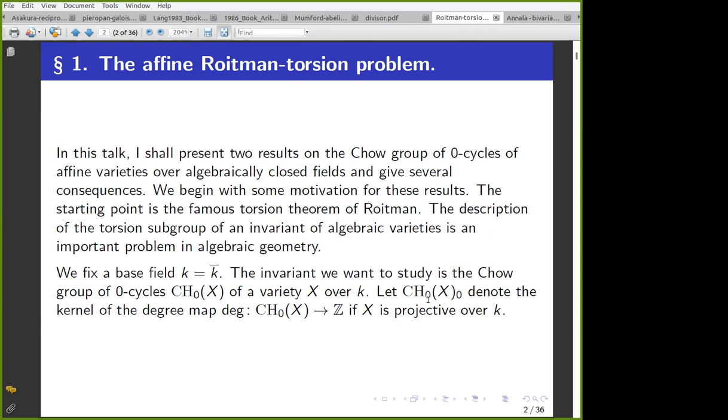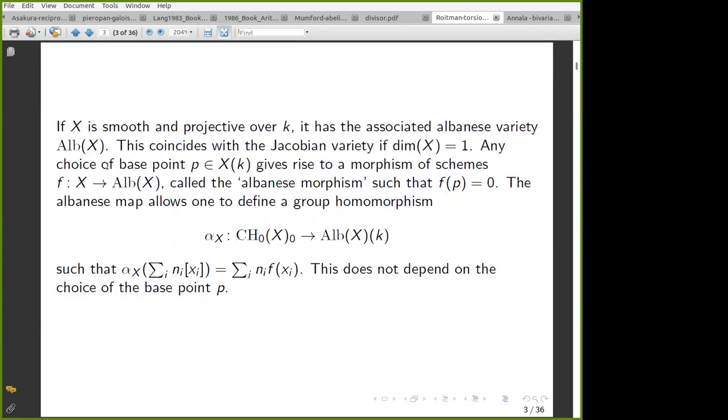Let CH_0(X)_0 denote the kernel of the degree map if X is projective over K. So if X is smooth and projective, then it has the associated Albanese variety, which we write as Alb(X), an abelian variety which has the universal property that it receives a map from X, and any morphism from X to any other abelian variety factors uniquely through this, up to some translation.